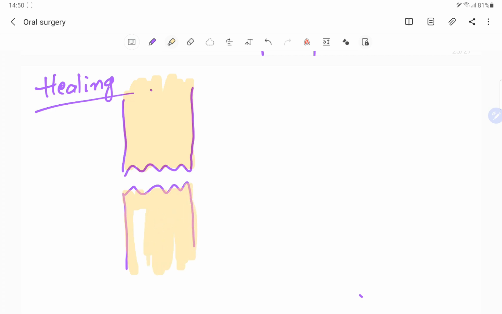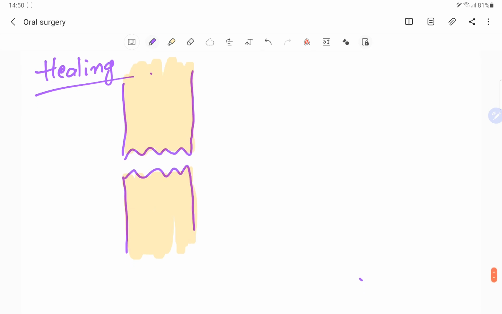If you have prepared an osteotomy, this is a discontinuity. All the blood vessels, say there are blood vessels like this, get ruptured, right? So there is an accumulation of blood.